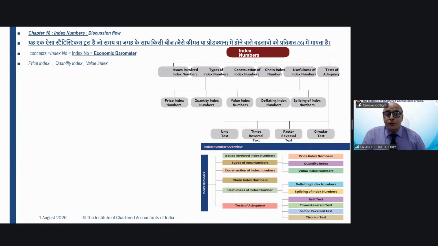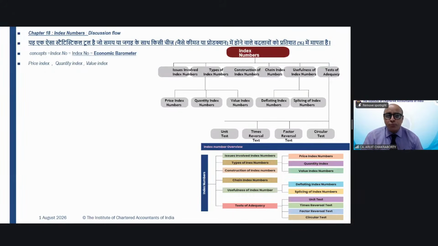And as I was mentioning, index number is often referred to as the economic barometer, because you know 2 simple examples: wholesale price index, WPI, consumer price index, CPI.